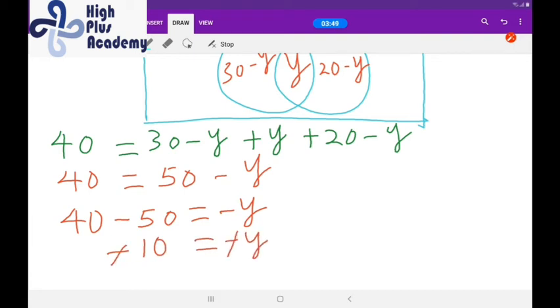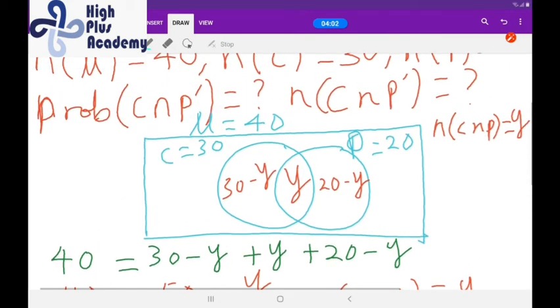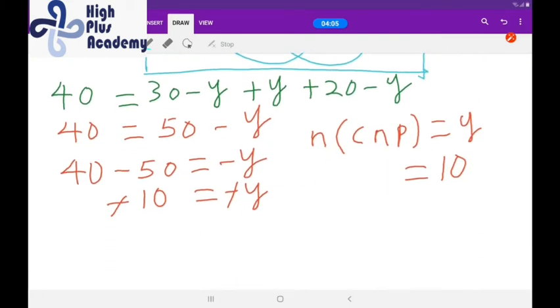Remember that we represented the number that read both chemistry intersection physics as y, and that is now 10. But we are looking for the number that read chemistry only.